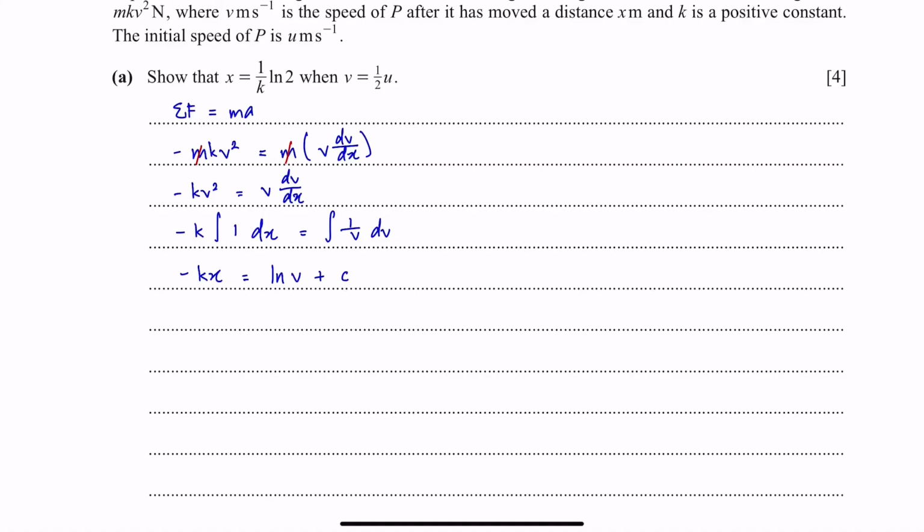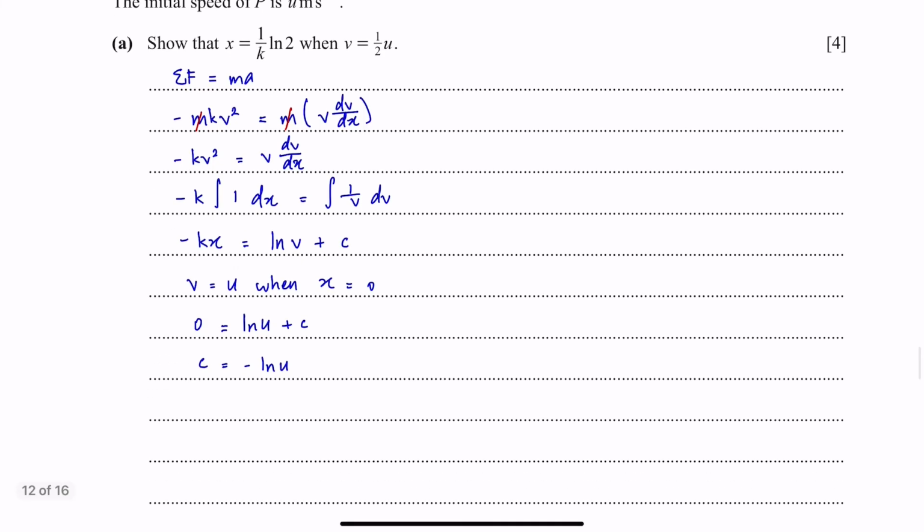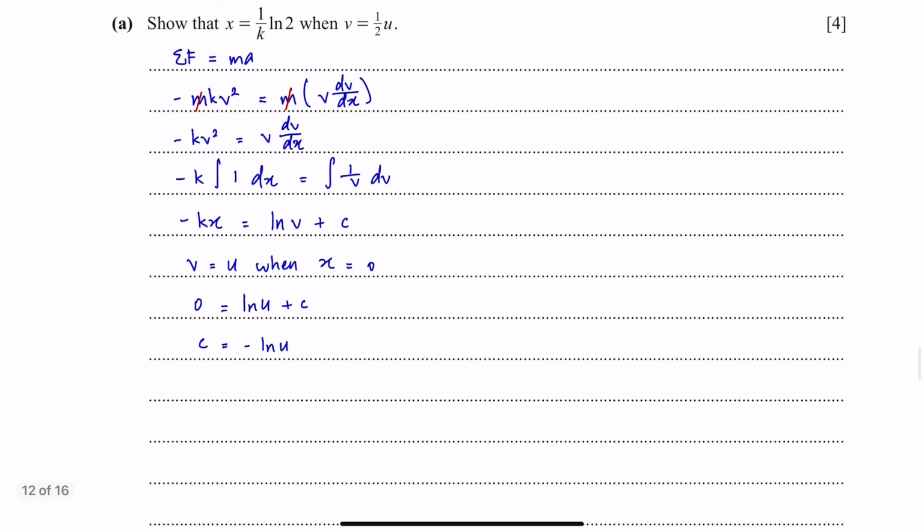So v equals u when x equals 0. So 0 equals ln u plus c. c is equal to negative ln u. So now we have to show that x equals 1 over k ln 2 when v is equal to half u.